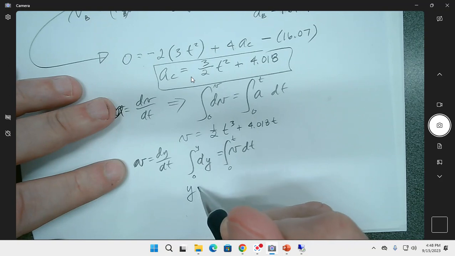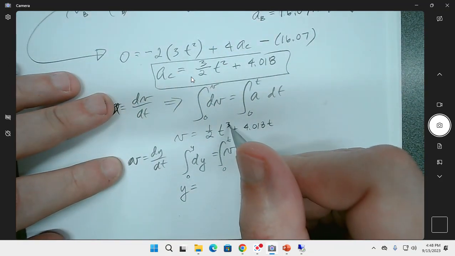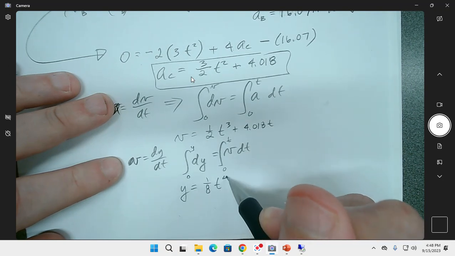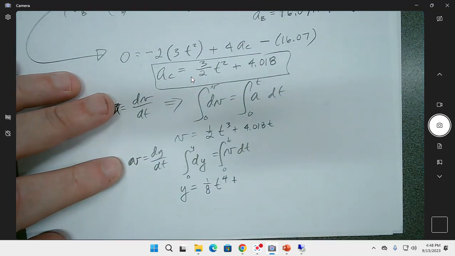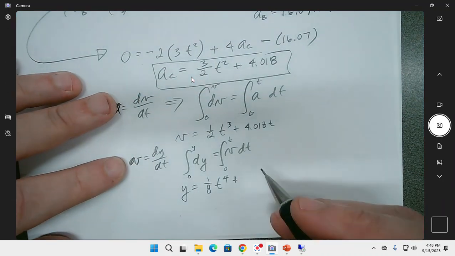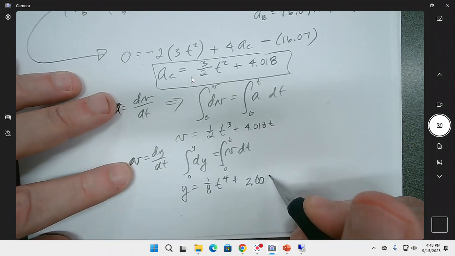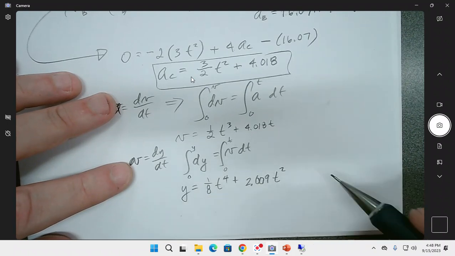So we're going to have y is going to be equal to, that's going to be 4th, so it's going to be 1/8 t^4 plus that divided by 2, so we're going to get 2.009 t squared.